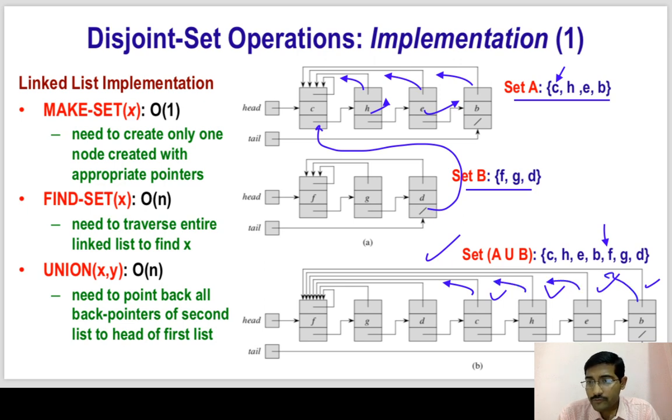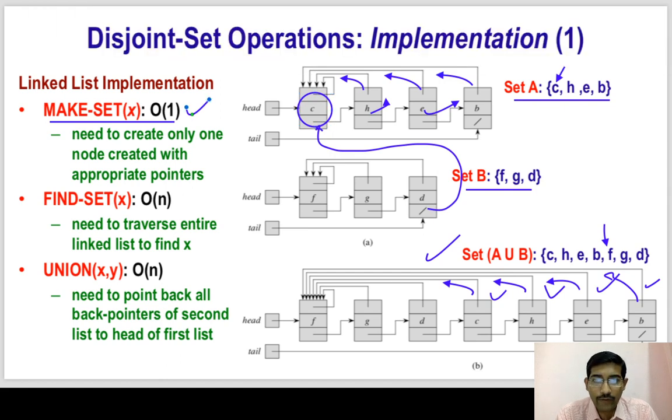So therefore, if you look carefully, the make set operation is obviously order of 1, because make set is done over individual elements of a set, and you only create a particular node, so this operation is order of 1.